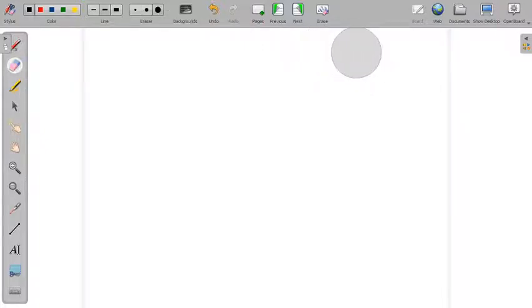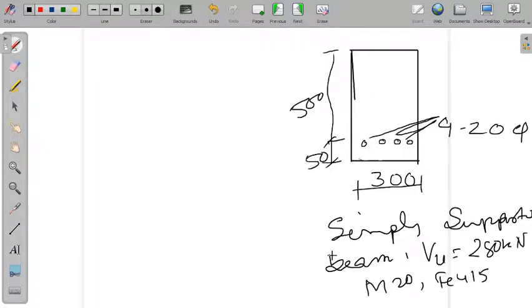I will draw the problem and I will come back. So this is the problem. Say we have a simply supported beam with a width of 300 mm and an overall depth of 550. Out of that, the effective depth is 500 and the remainder is the effective cover.